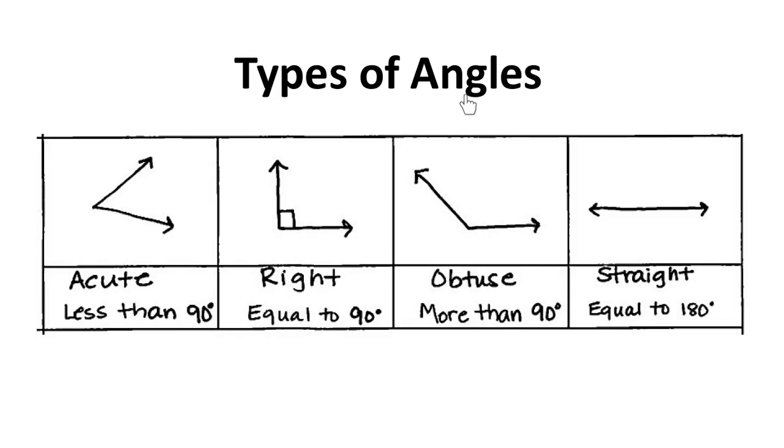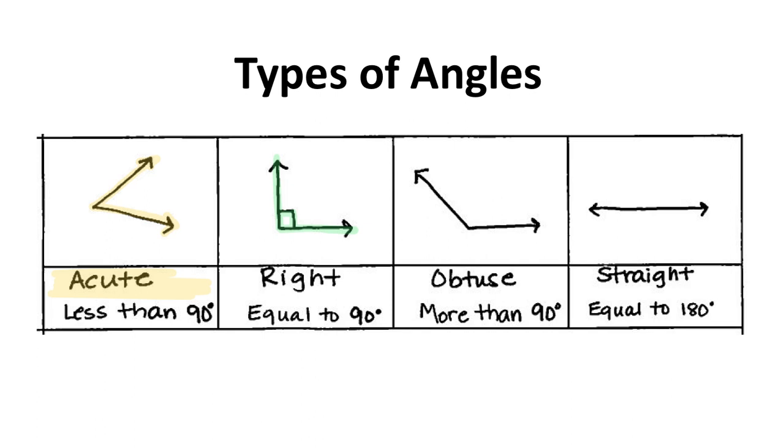So different types of angles. You have an acute angle. An acute angle is going to be less than 90 degrees. Okay, so go ahead and write that out. You have a right angle, and that is denoted right here with a little box in the corner. That says it's a 90-degree angle.